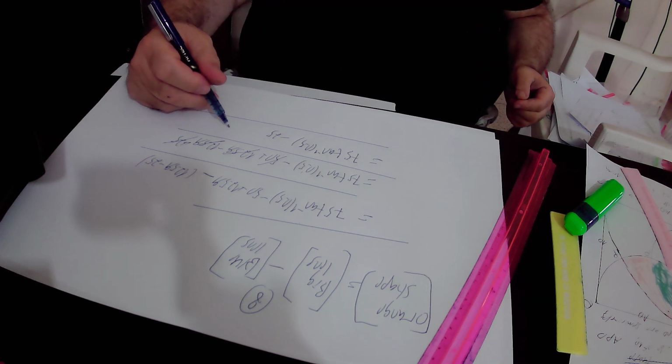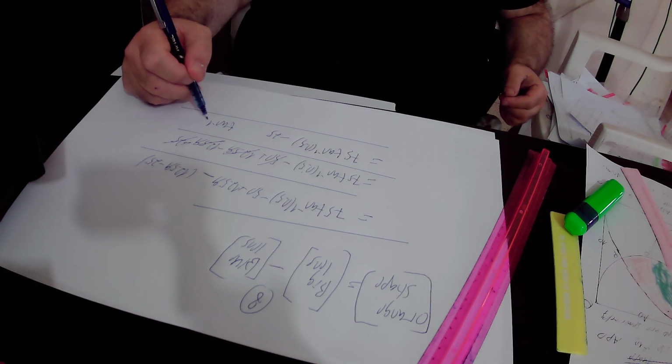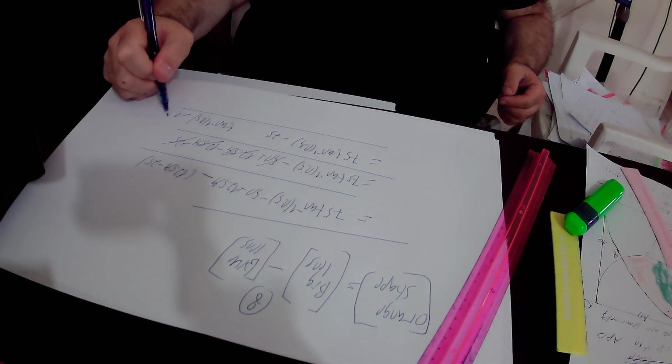And we know that tangents minus 1 of 0.5 equals 0.46.